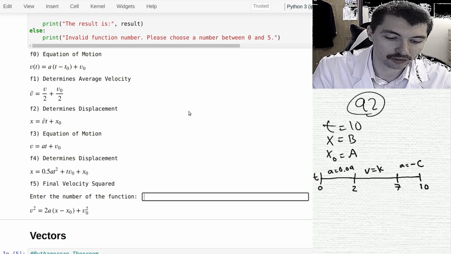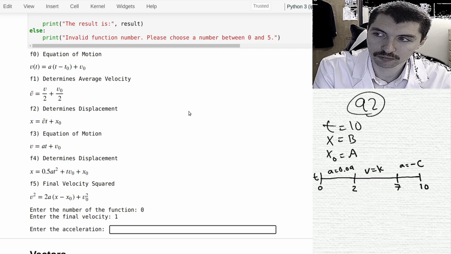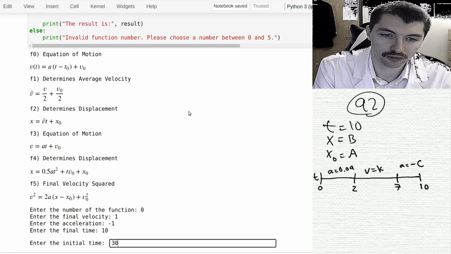Let's use equation 1. Final velocity, negative 1, 10, 3.